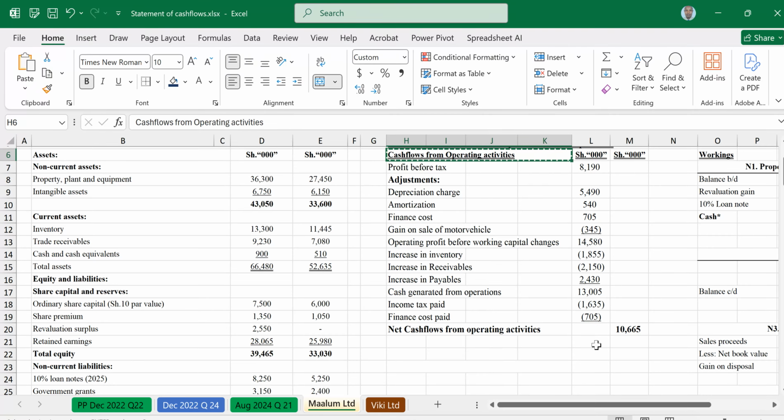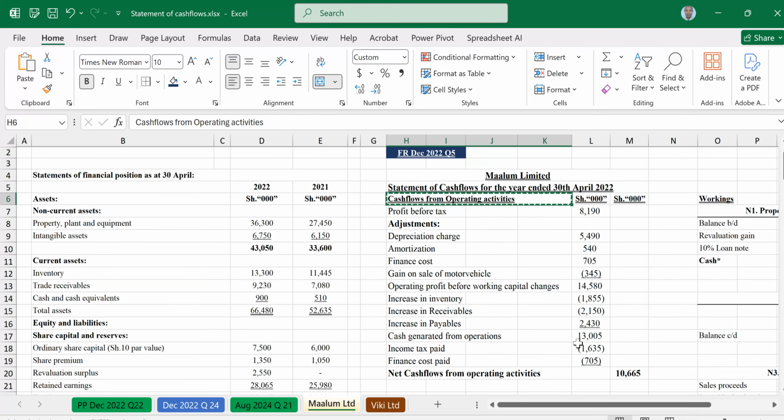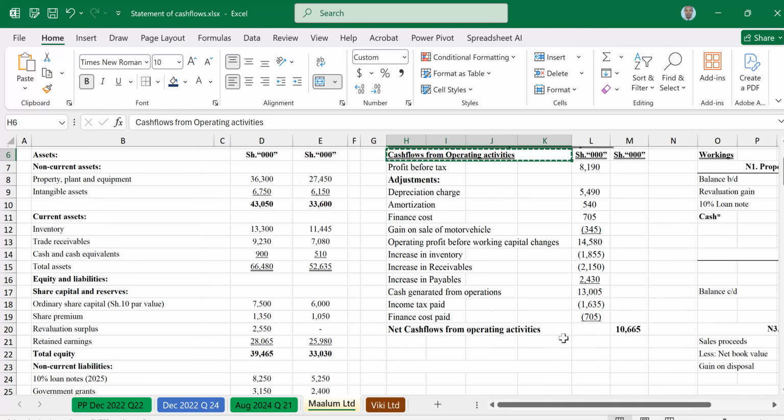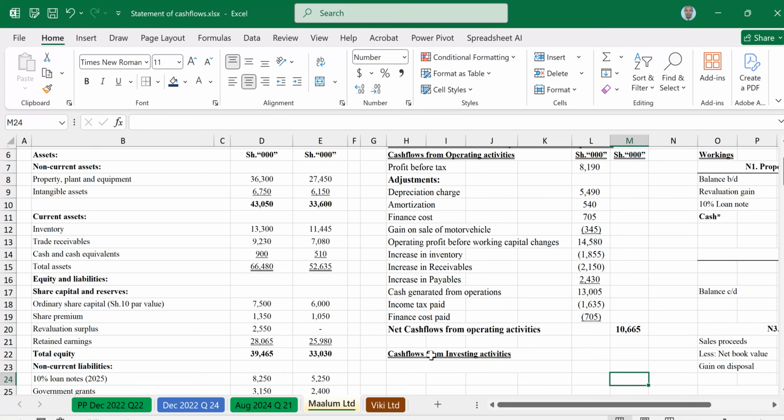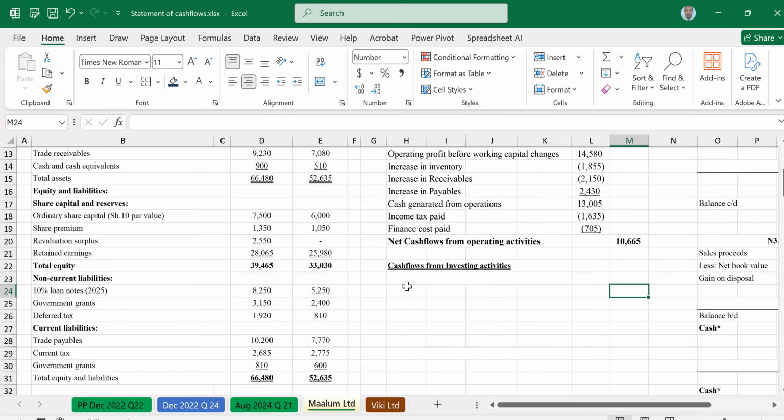Then after the net cash flows from operating activities, we want to move to the cash flows from investing activities. Now we begin.